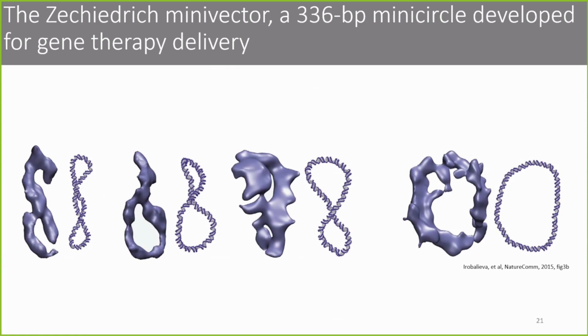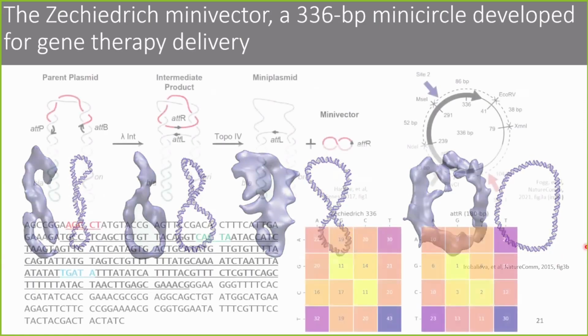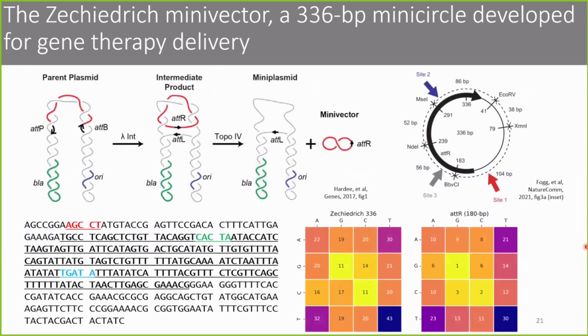Now, these mini circles are called minivectors and have a vast diversity of supercoiled states, with each topoisomer exhibiting one or more unique configurations. These minicircles contain 180 base pair lambda integrase attR sequences, a byproduct of this site-specific recombination seen here.